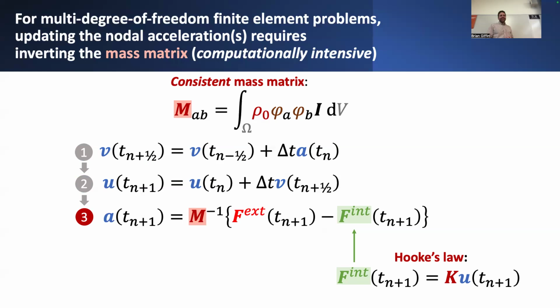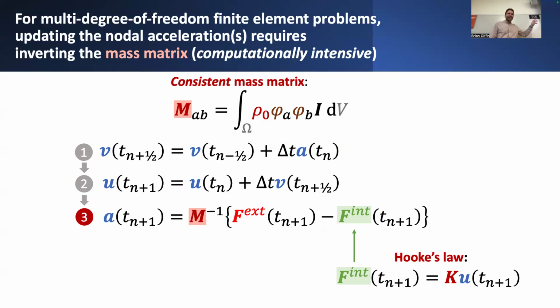Even though we've gotten around the nonlinear iteration, if the problem includes nonlinear behavior, we still have to invert this mass matrix. Otherwise, this whole sequence of steps could proceed very quickly and efficiently. So it's really unfortunate that we have to do this extra step of inverting a mass matrix.